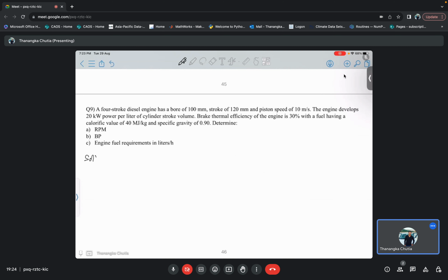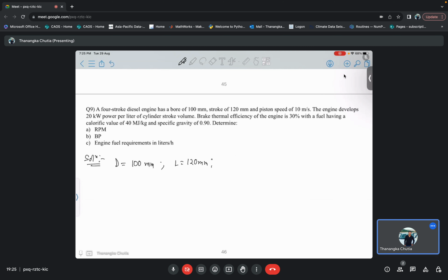So your D is given as 100 mm and stroke length L is given as 120 mm.